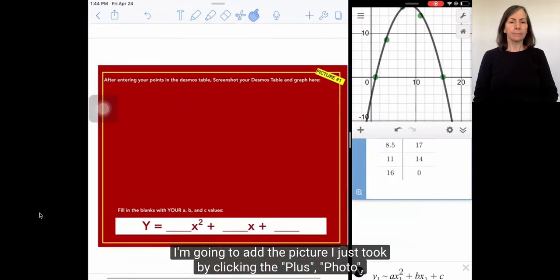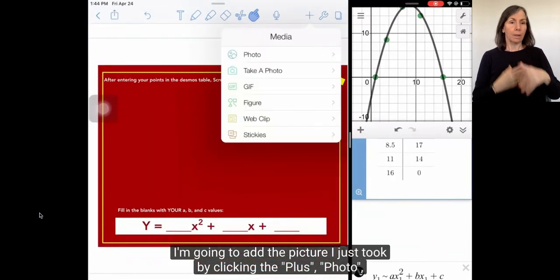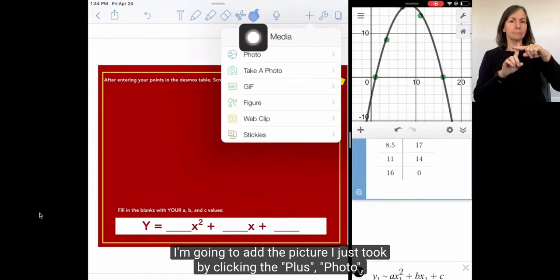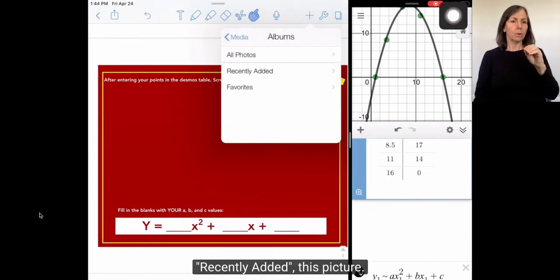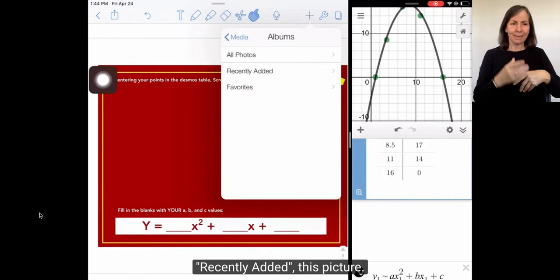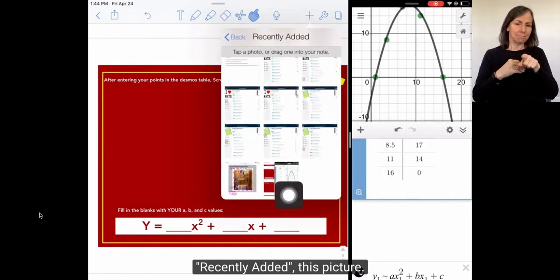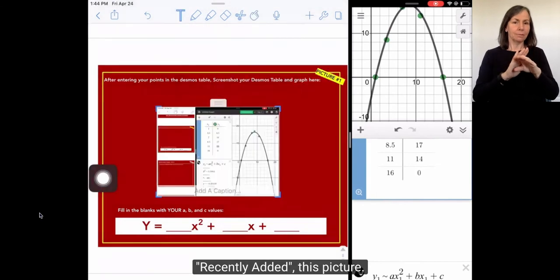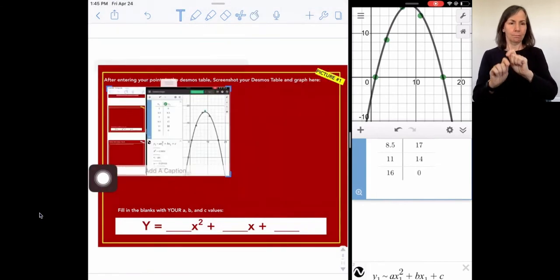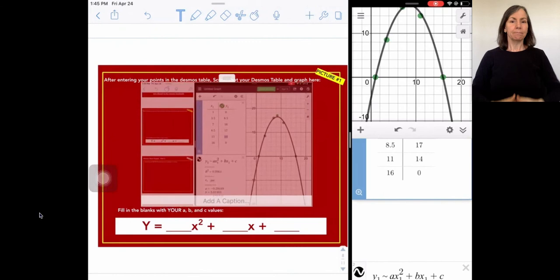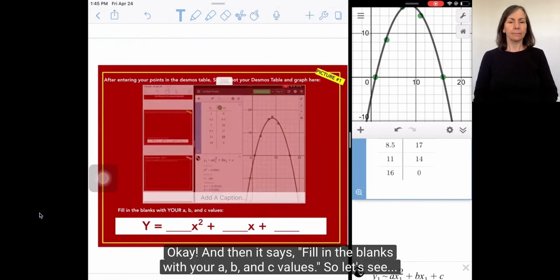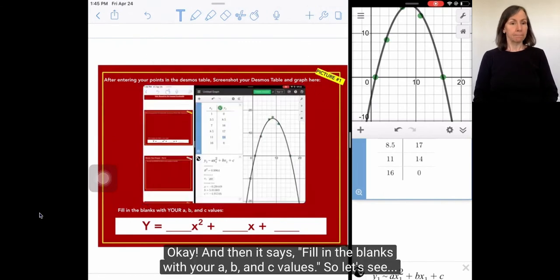I'm going to add the picture I just took by clicking the plus, photo, recently added, this picture. Okay, and then it says fill in the blanks with your A, B, and C values.